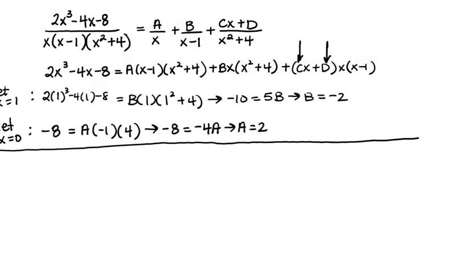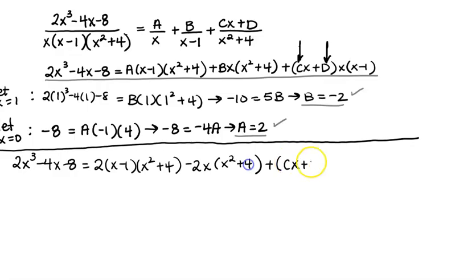So the first thing I'm going to do is rewrite this equation down here, and I'm going to substitute in that I know that b is equal to -2 and that I know that a is equal to 2. Okay, so I've substituted in for b being -2 and for a being 2. And now I just want to simplify this expression out and do some algebra.